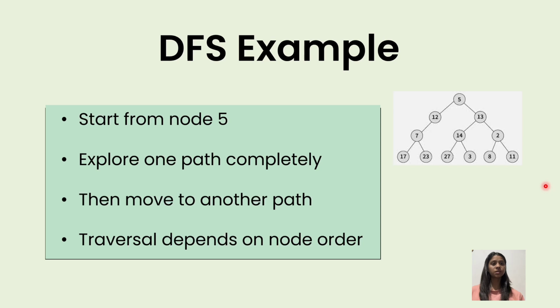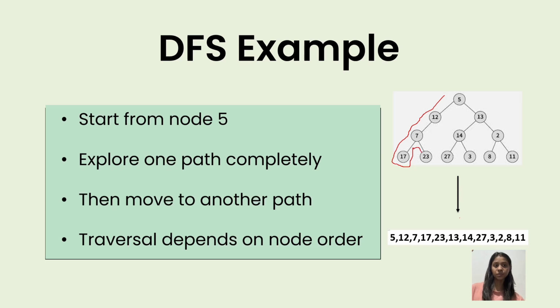So in this example, the root node is 5. Then you need to complete the path first. So the next node is 12, then 7, then 17. Now the first path is completed. Then you can go to the other adjacent node, which is 23. Now after you complete this path and this path, we can go to the next path.